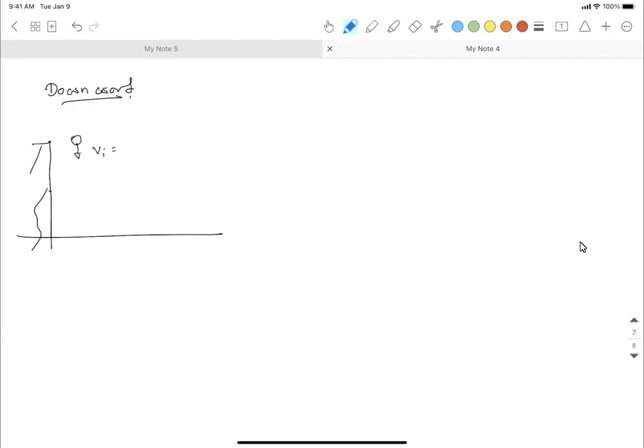We have initial velocity starting at 0, just a drop. Or this could be from the same rooftop, you are projecting something horizontally, with initial velocity along the x direction.